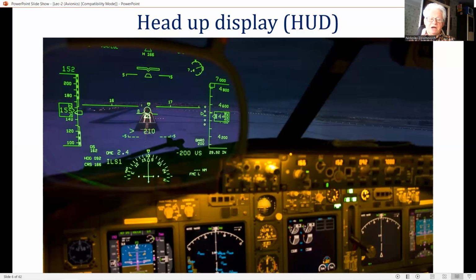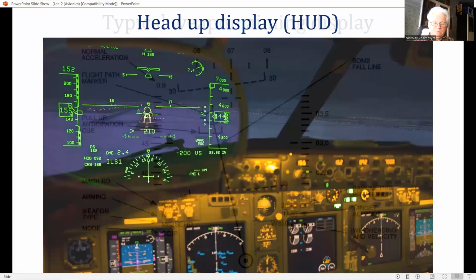The advantages of head-up presentation of essential flight data, such as the artificial horizon, pitch angle, bank angle, flight path vector, airspeed, and heading, can be seen in this slide, which shows a typical head-up display as viewed by the pilot during the landing phase.